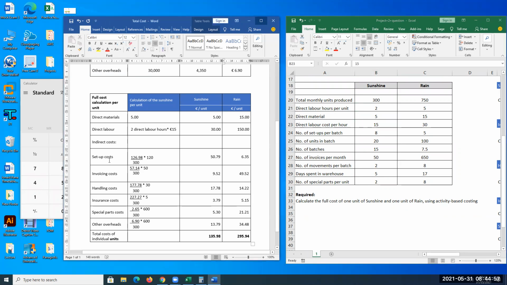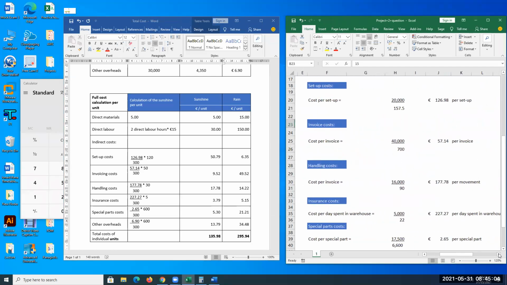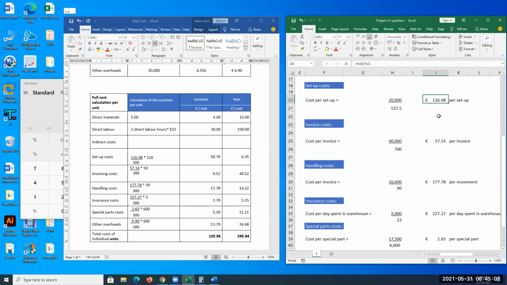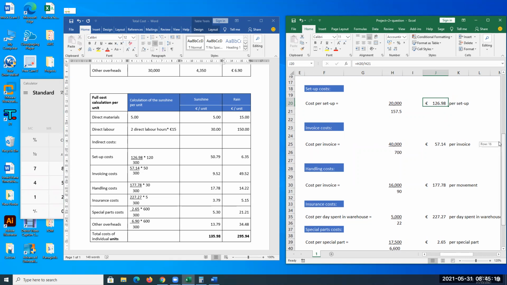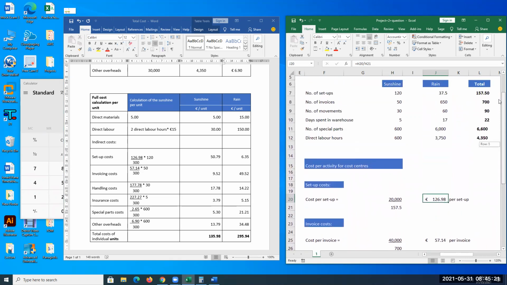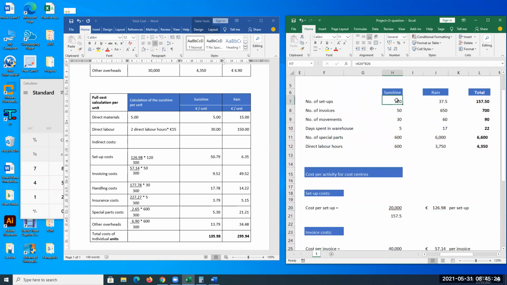Now this setup cost. This is the calculation. So 126.98 euro is the setup cost for one setup. So it said 126.98 multiplied by how many setups we have. The number of setups is 120. So 126.98 multiplied by 120, divided by the number of units.